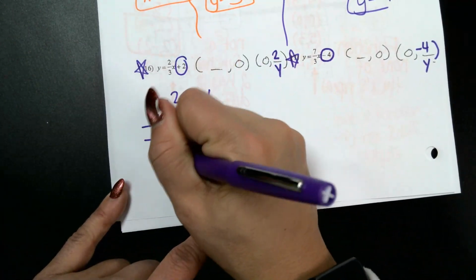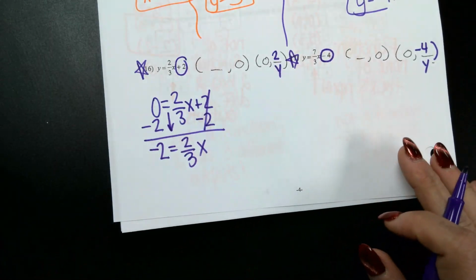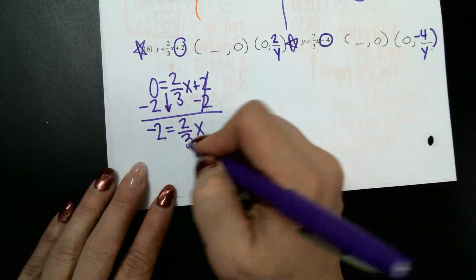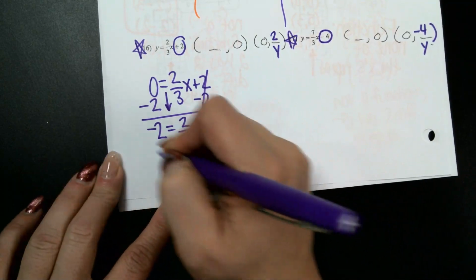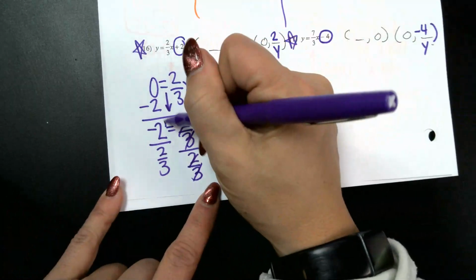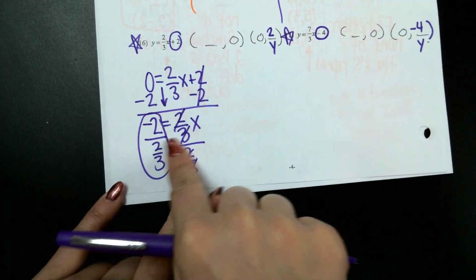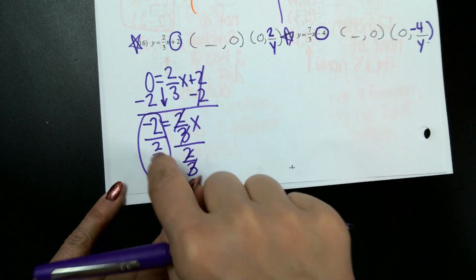So we have negative 2 equals 2/3 x. Now you guys did do some of this last week. We need to divide by 2/3. So when you type that in, make sure you start with negative 2 divided by, and then do 2 ABC 3.